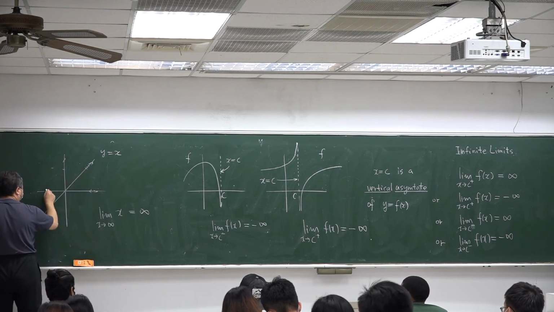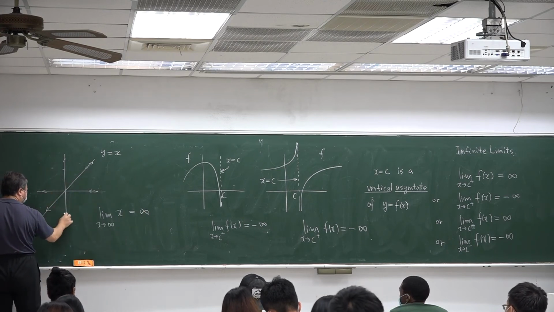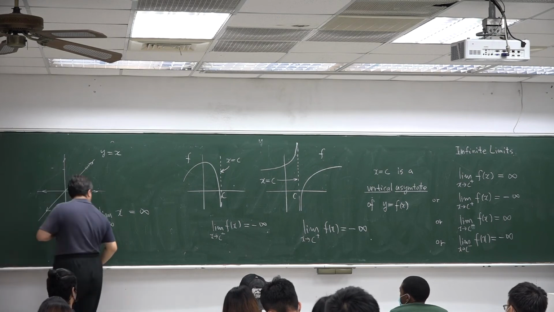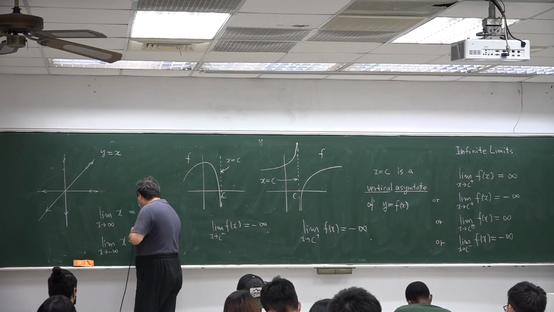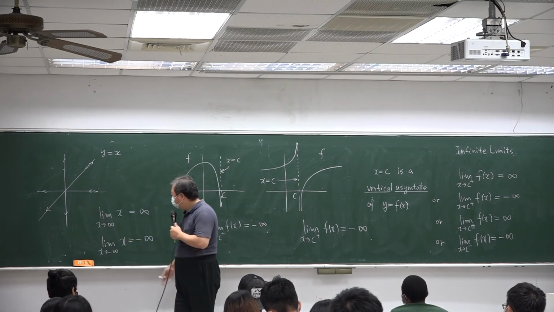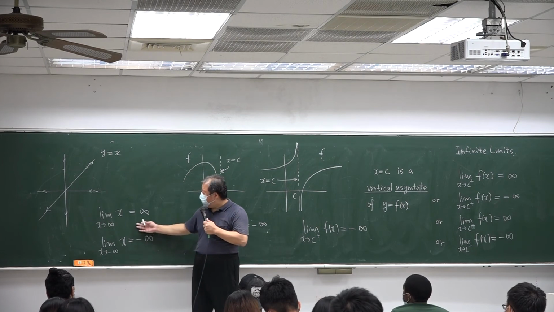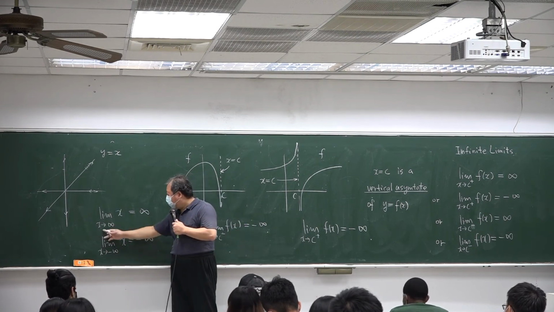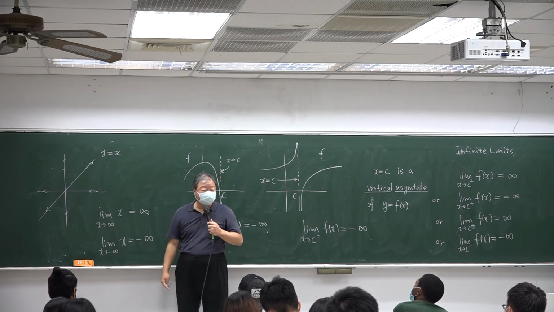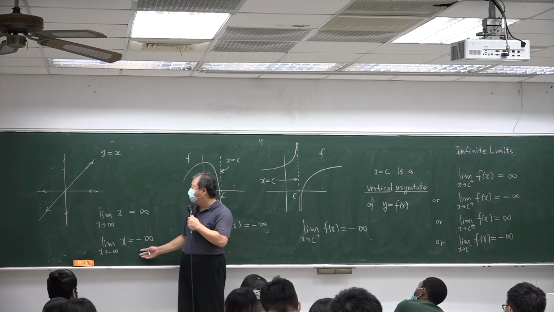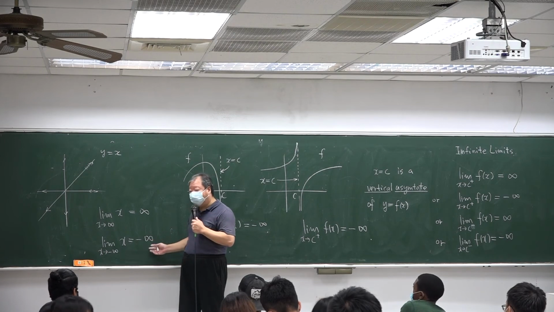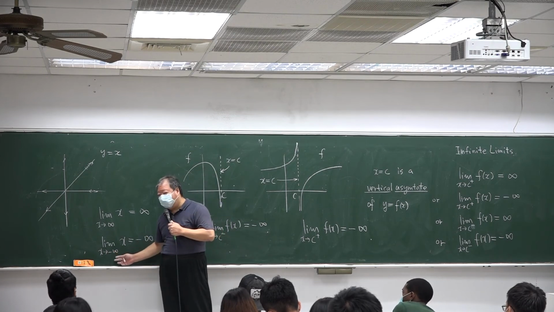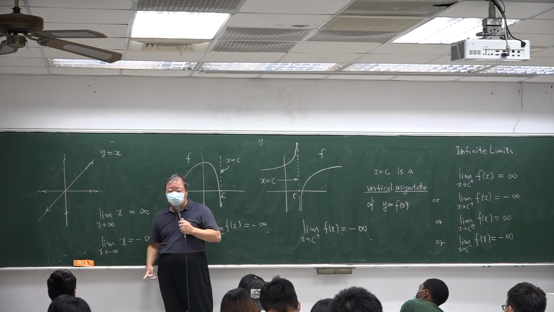When x goes to minus infinity, it is minus infinity. So this is an infinite limit at infinity. Okay. This is also an infinite limit, in fact minus infinity, at infinity.